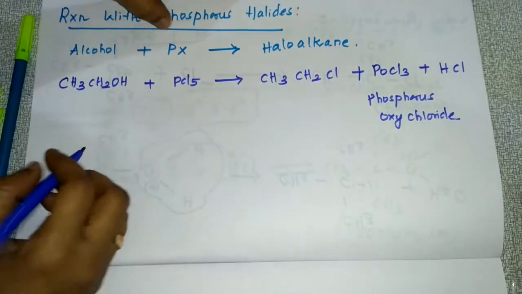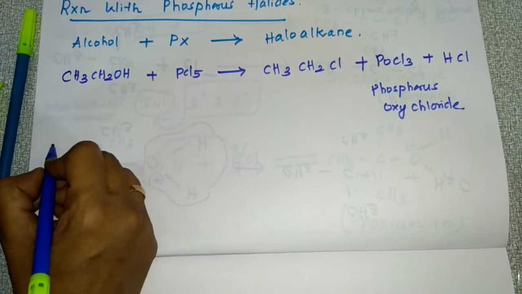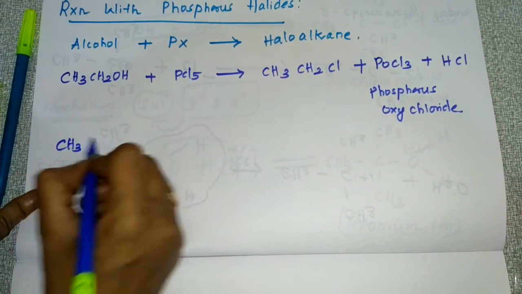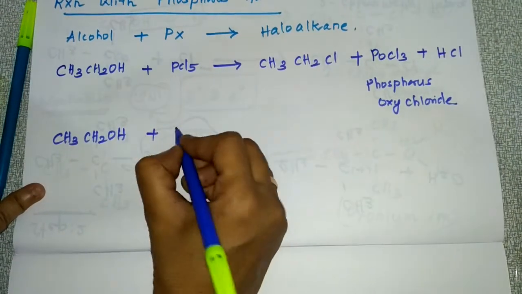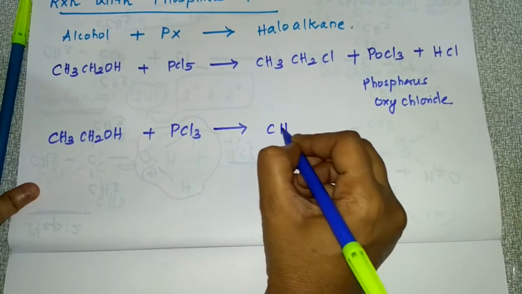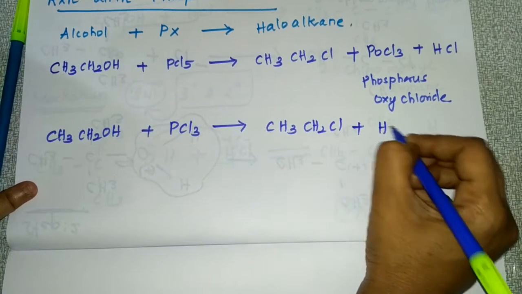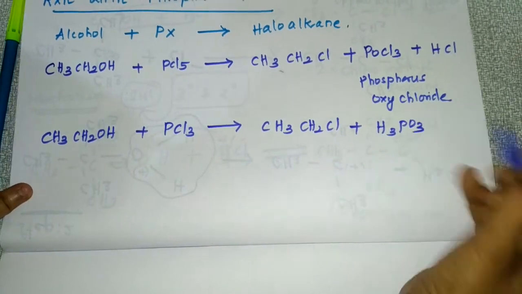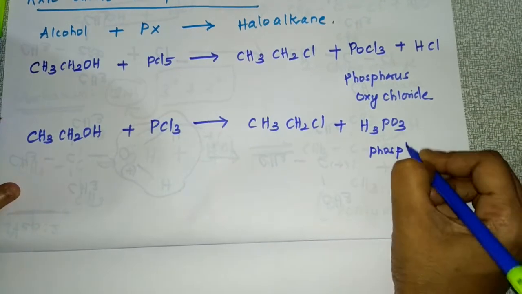Similarly, if you are using PCl3 with the same CH3CH2OH, instead of phosphorus pentachloride, the product formed will be CH3CH2Cl plus phosphorous acid. The byproduct formed will be phosphorous acid.